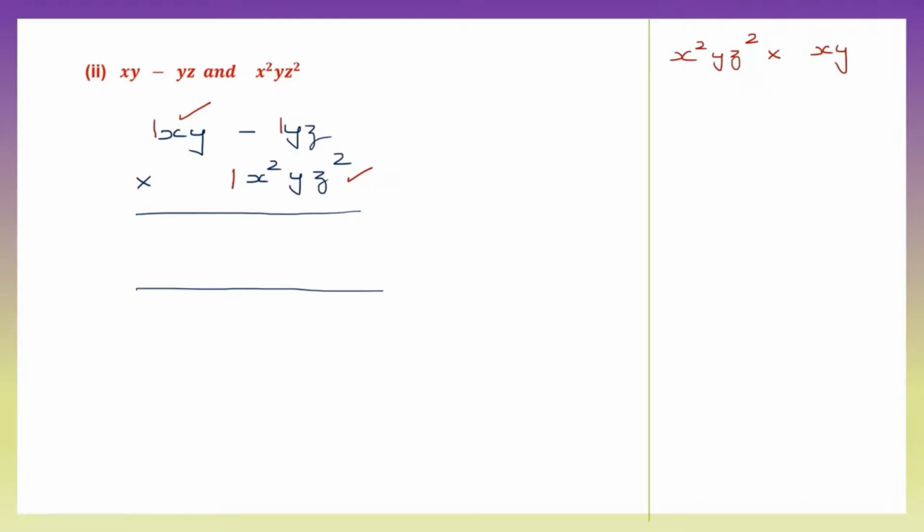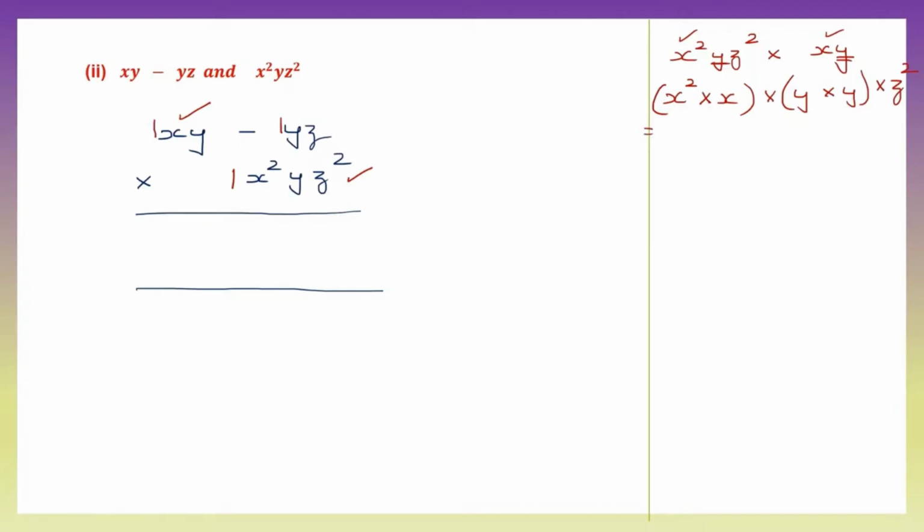Now what we're going to do is take only the literals. I'm going to take the x first. So x square into x, y into y, into z square.